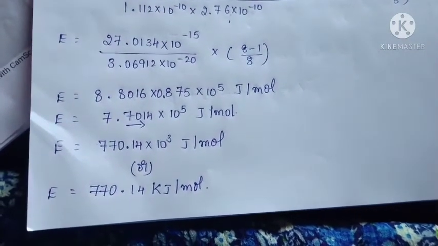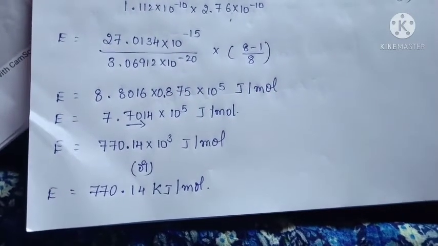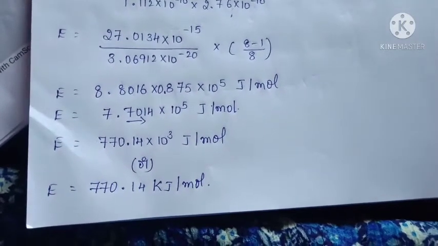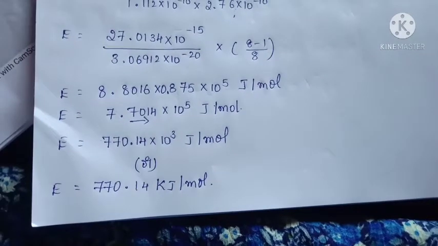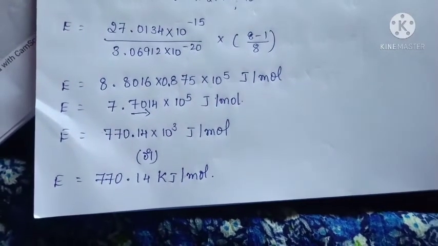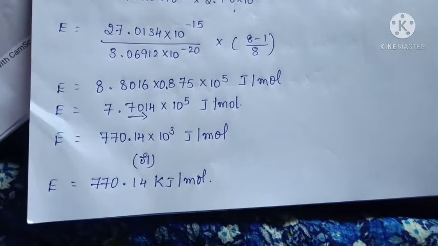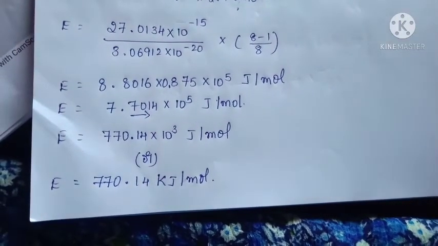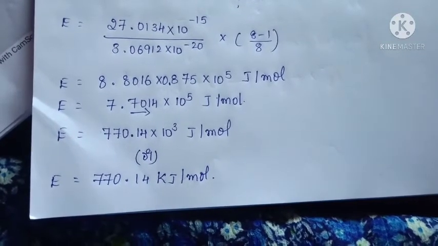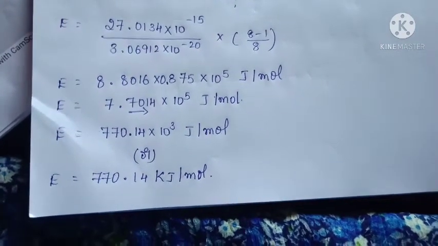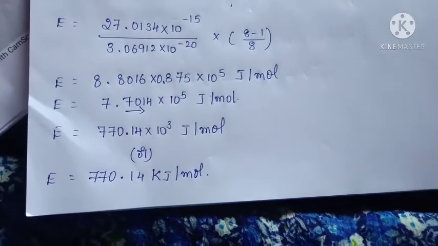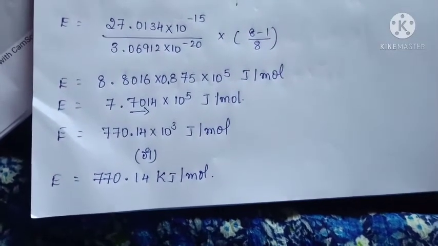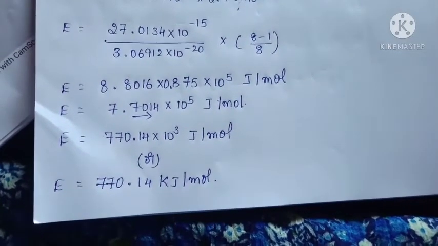If in case you have to convert it into kilojoule per mole, you have to shift the decimal point 2 places to the right side. I will show you with the arrow mark. It means 7.70. When the point is shifted to the right side, there will be a minus.